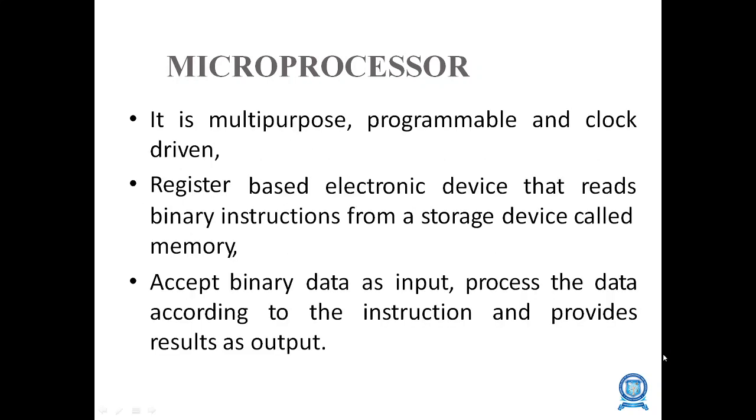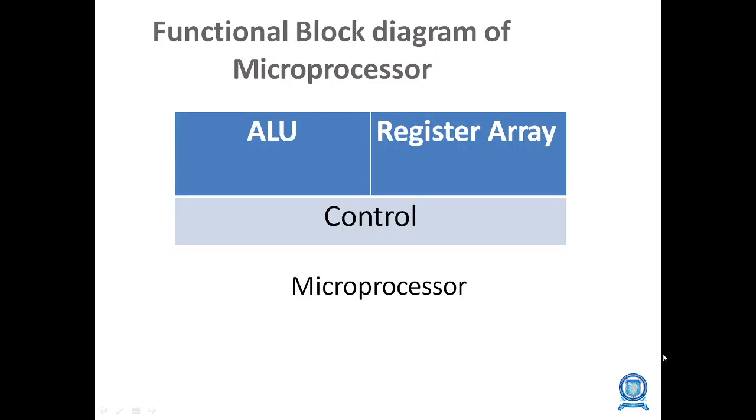So microprocessors are multi-purpose, programmable and clock driven, register based electronic devices that read binary instructions like 0 and 1 from a storage device called memory. It accepts the binary data as input, processes the data according to the instruction, and provides results as output.